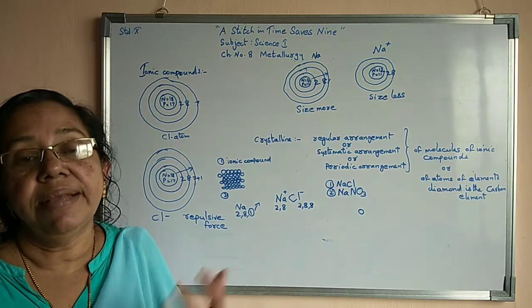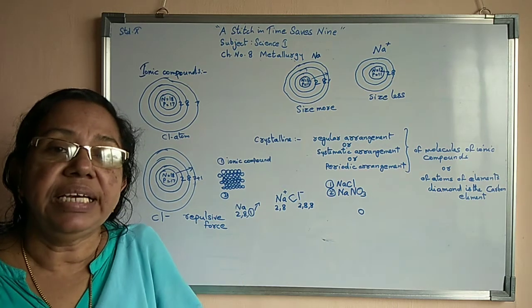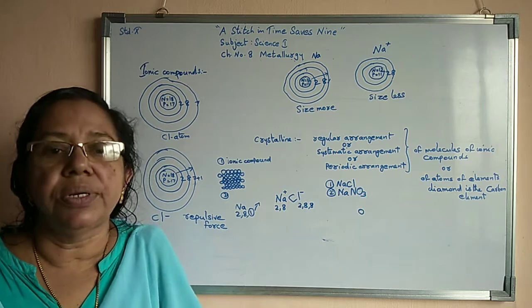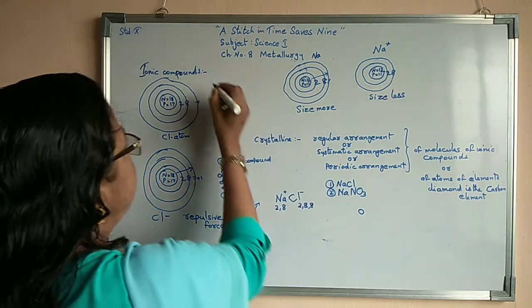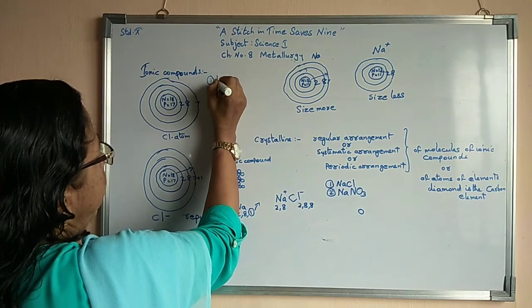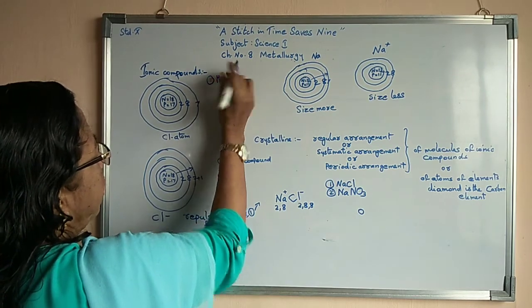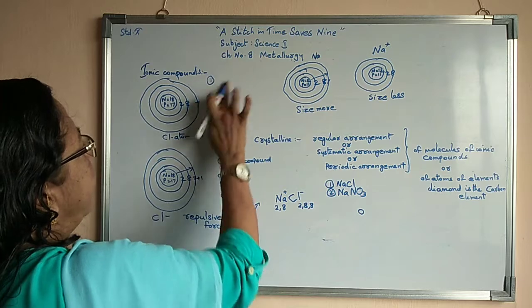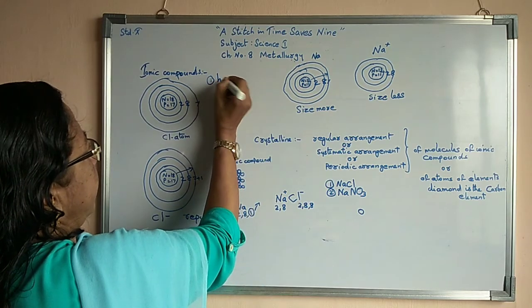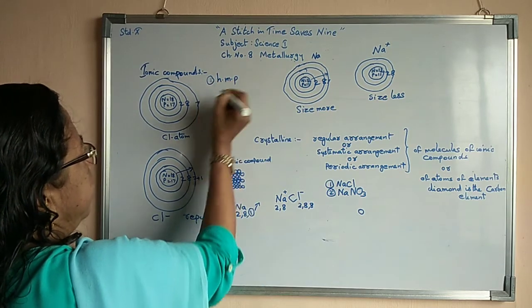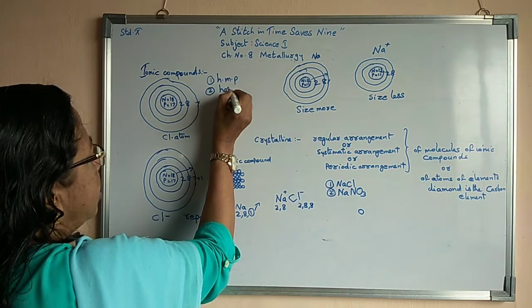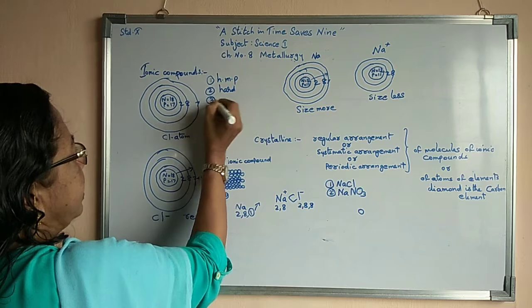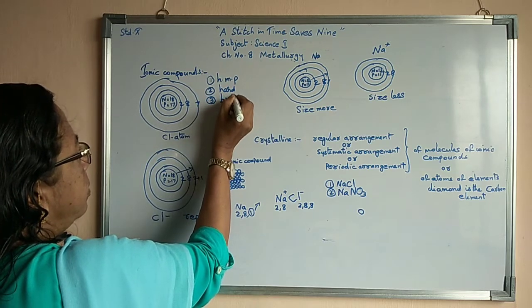They are also hard, and when dropped, they break. So the properties of ionic compounds: I am not writing in full, first, they have a high melting point. Second, they are hard. Third, they are brittle.